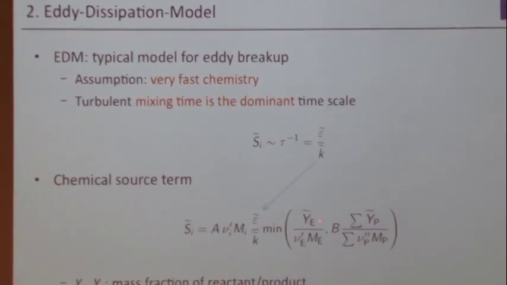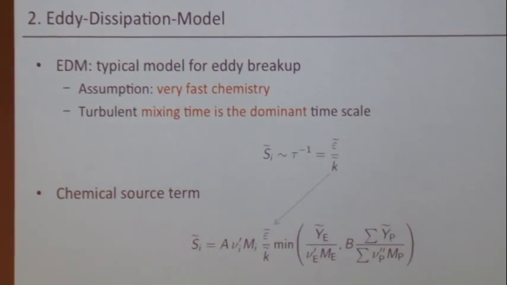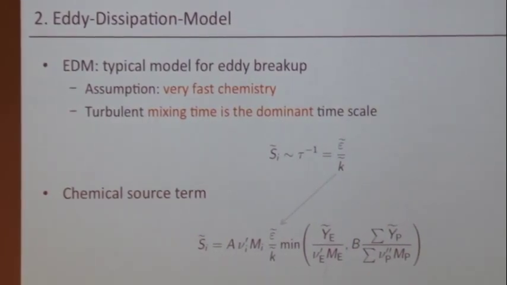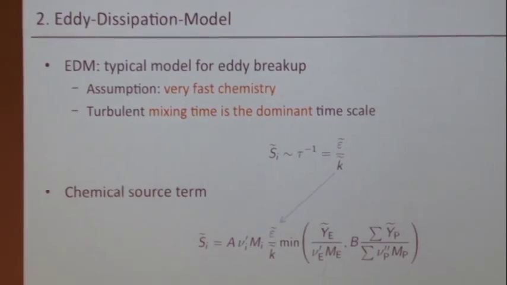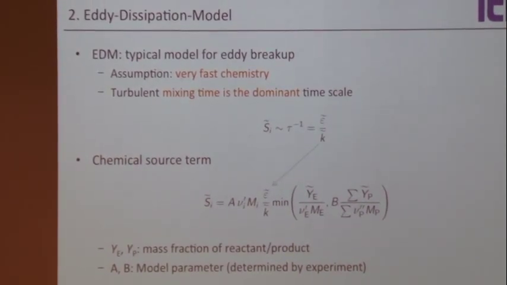But then what they do is they say this again should be proportional to some species, and they say, oh, well, in a diesel engine I have rich regions where I have no oxygen or very little oxygen, and I have lean regions where I have very little fuel, and always the deficient species is the most important one, okay?